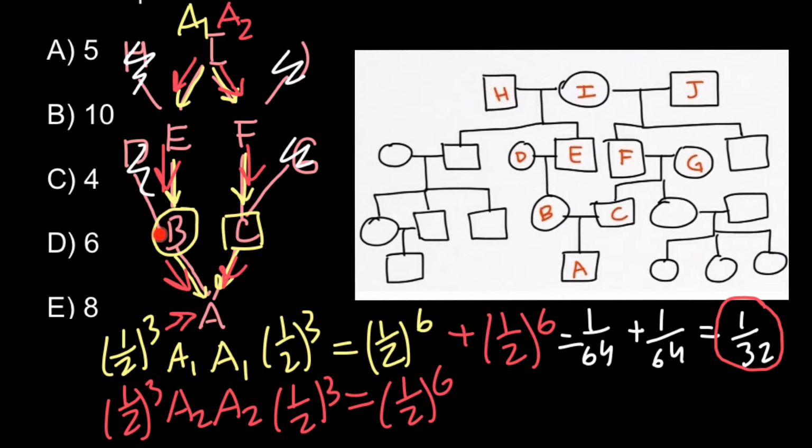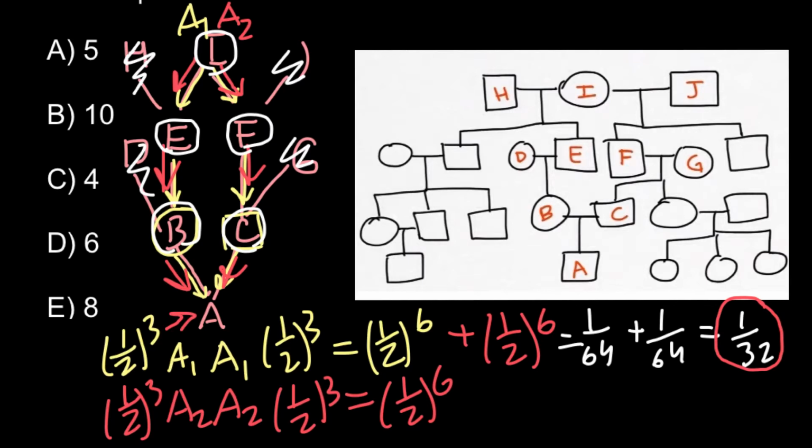So starting with one parent through the common ancestor and ending with the other parent. So let's do it.